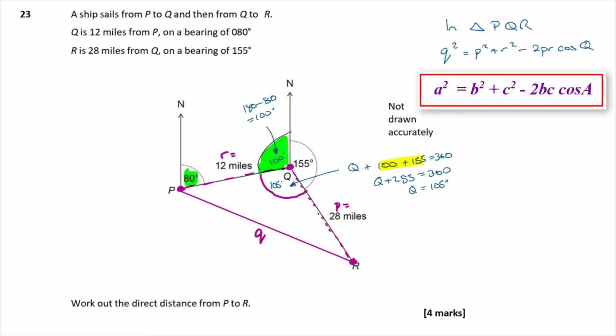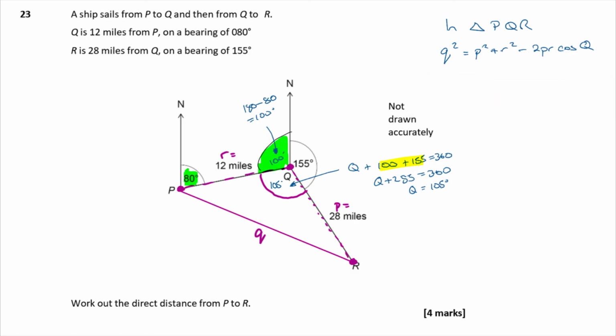Okay, so I'm switching all the A's and B's and C's around to P's, Q's and R's. Just following the pattern really. It starts off a little bit like the Pythagoras theorem, and then you've got this minus 2PR, so the P and the R are the same as the P squared and the R squared, and then cos Q, and the Q is always the same as the letter you've got on the other side of the equal sign. Okay, that's kind of how I remember it.